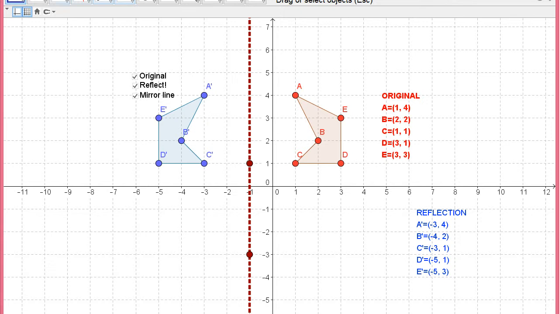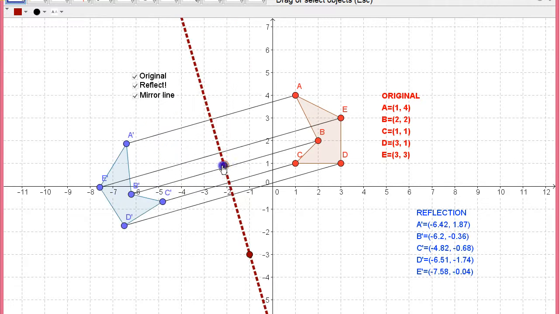Okay. And I can always test that reflection by connecting the corresponding dots. If this was done correctly, and this computer program did it for me, they should be perpendicular to that line of reflection, which they are, and they should also be the same distance away, which is pretty obvious to see.